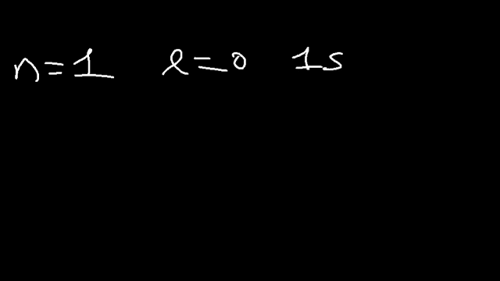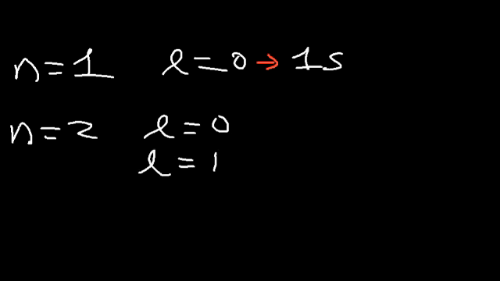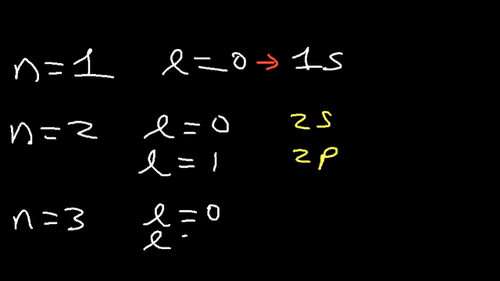So, when n is 1, L can be 0, which corresponds to 1s. Now, when n is 2, L can be 0, or it can be 1, because we have the 2s sublevel and a 2p sublevel. When n is 3, L can be 0, 1, or 2.